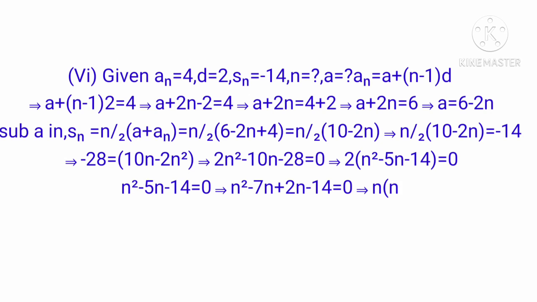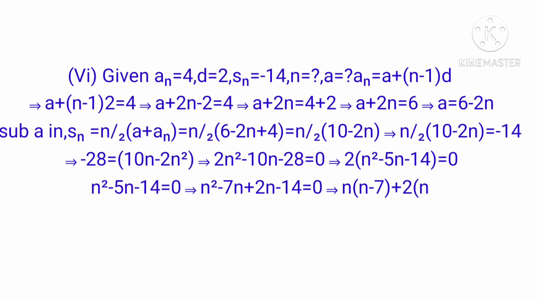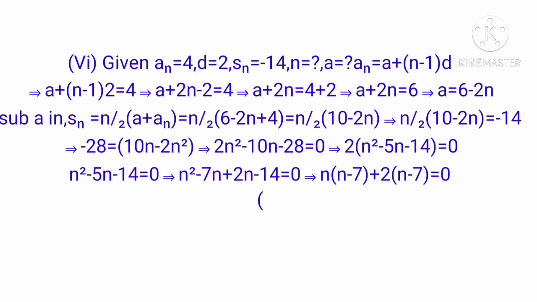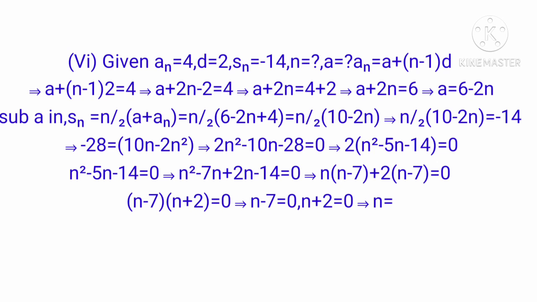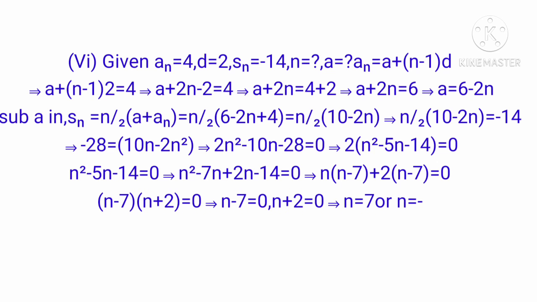Implies n common, n minus 7 plus 2 common, n minus 7, that is equal to 0. n minus 7 common into n plus 2 is equal to 0. So n minus 7 is equal to 0 or n plus 2 is equal to 0. Implies n is equal to 7 or n is equal to minus 2.